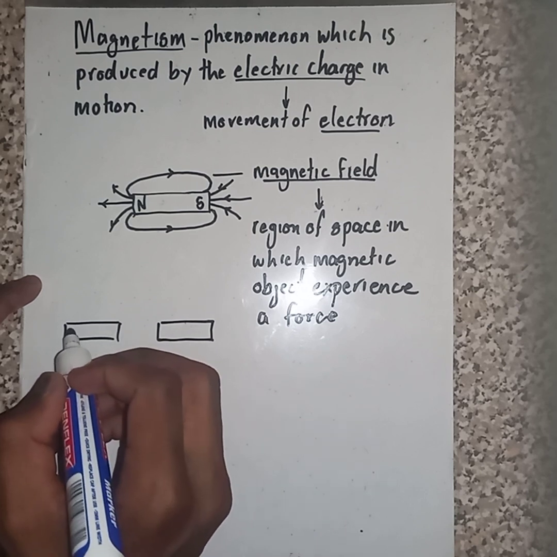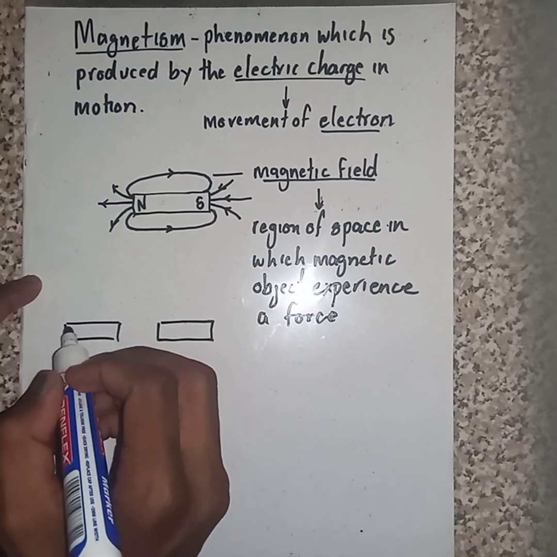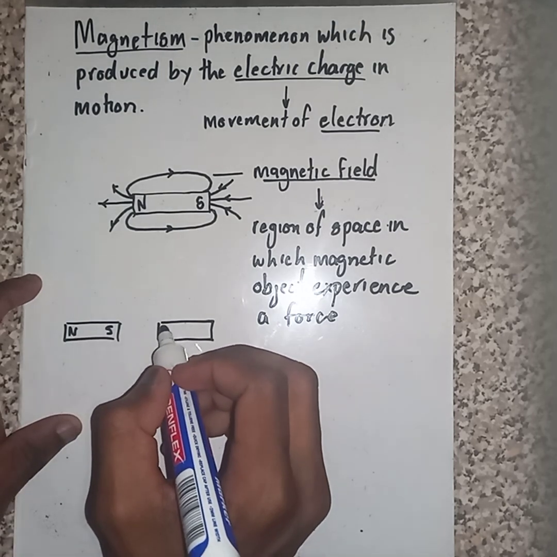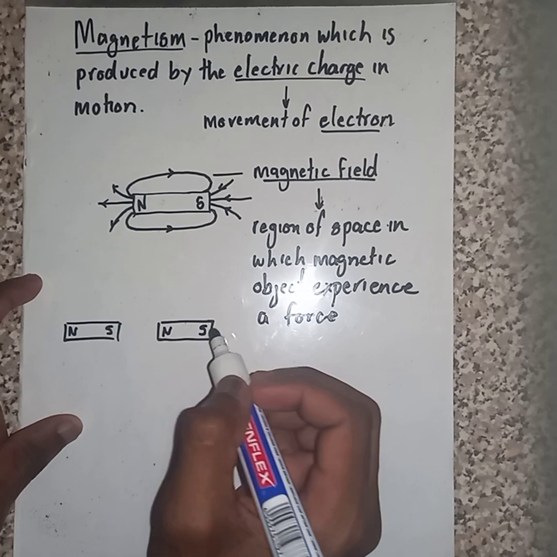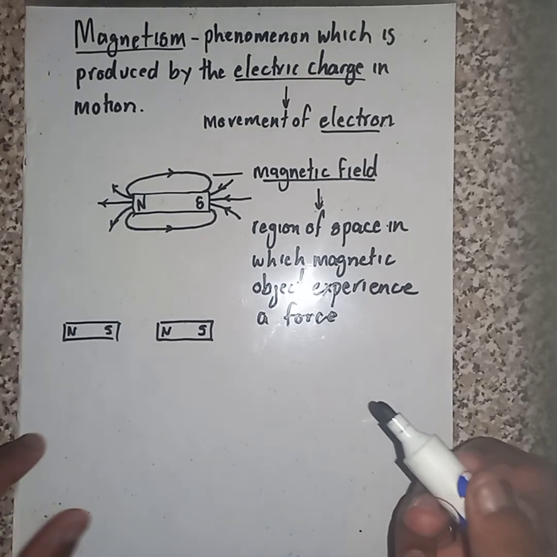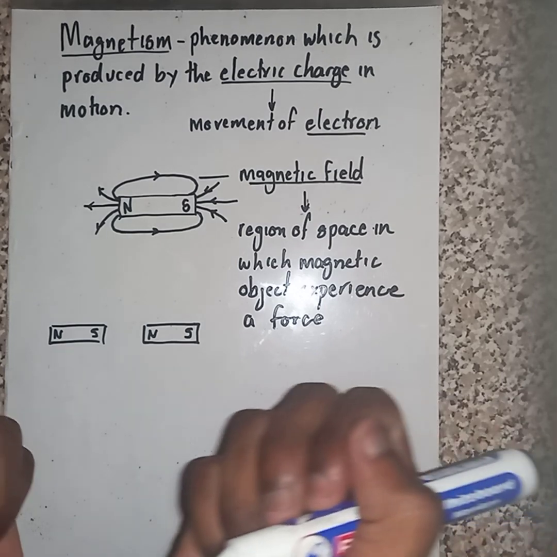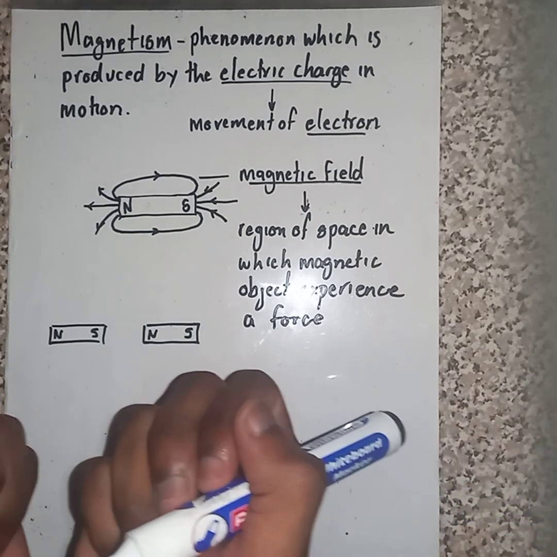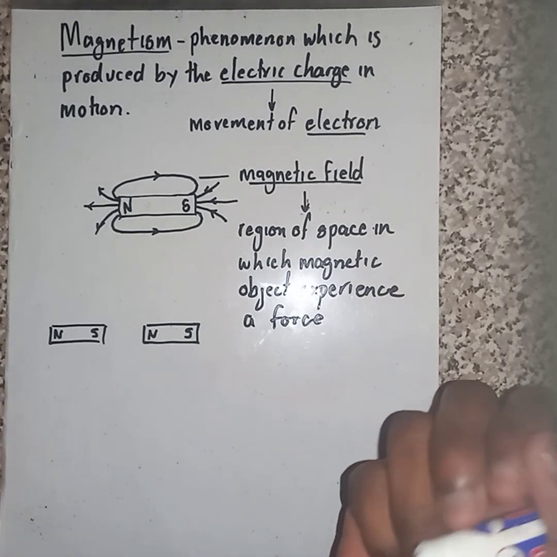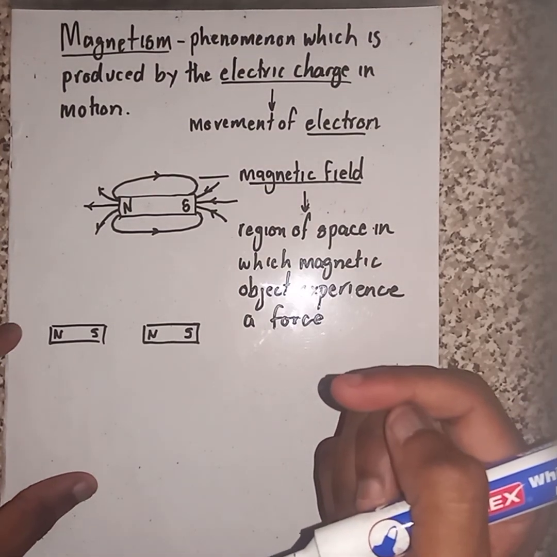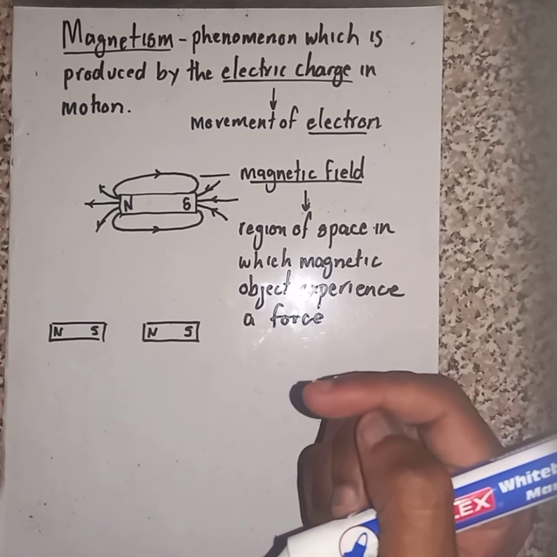Let's make this one north, this one south, this one north, this one south. Have you ever played with magnets? They sometimes attract each other or they sometimes repel each other. Today you are going to find out why magnets attract.